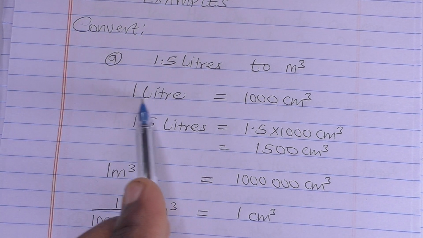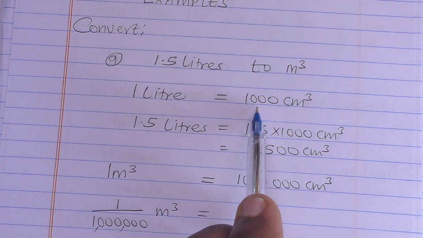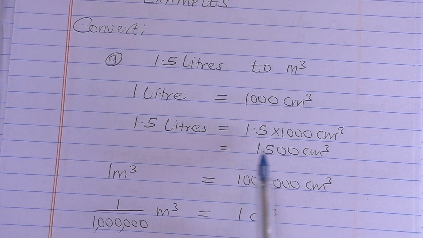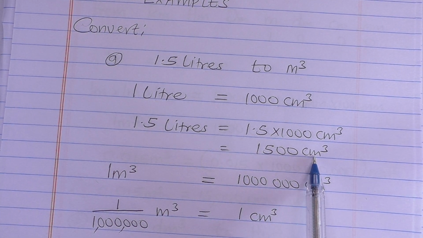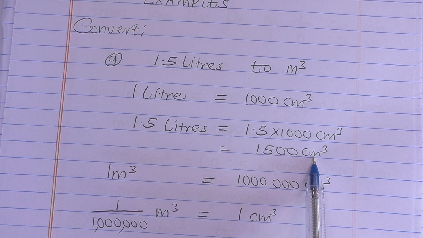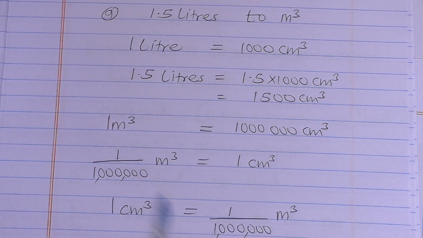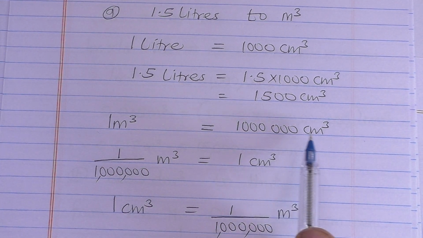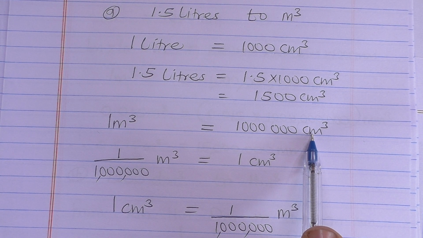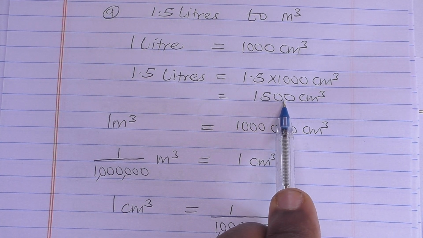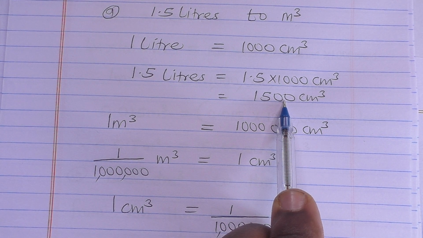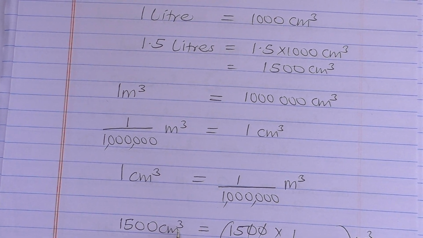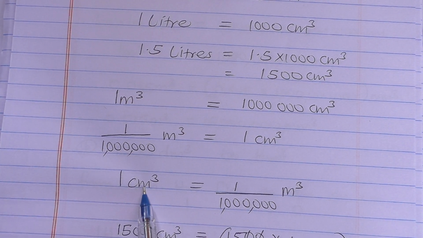We've seen that if 1 liter is equivalent to 1,000 cubic centimeters, then 1.5 will be 1,500 cubic centimeters. However, we know that 1 meter cubed is equivalent to 1 million centimeters cubed. And since we want to convert 1,500 centimeters cubed to meters cubed, we need to get the equivalence of 1 cubic centimeter.